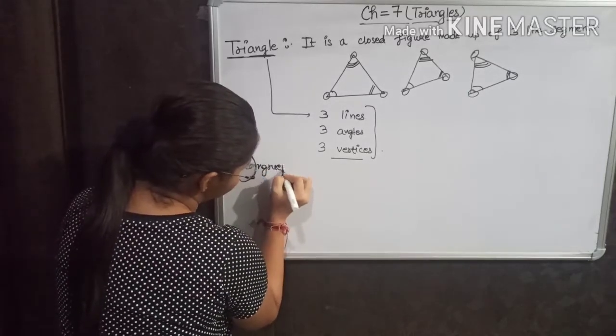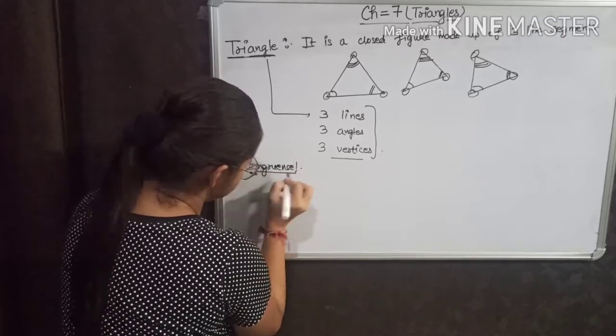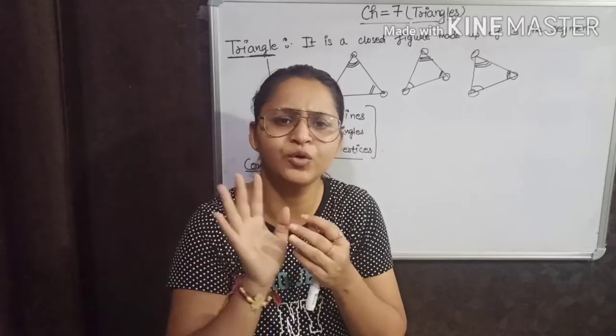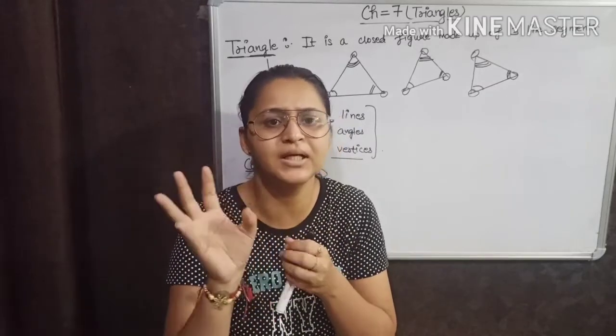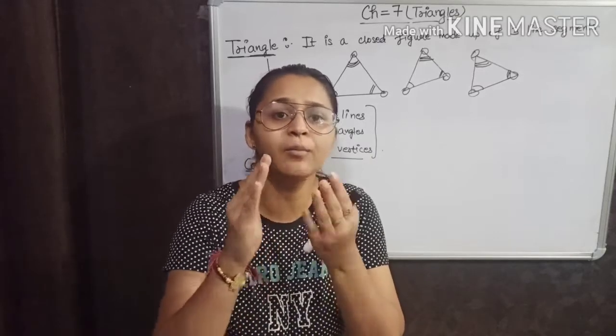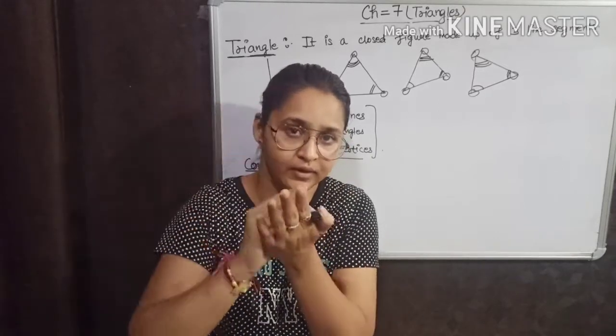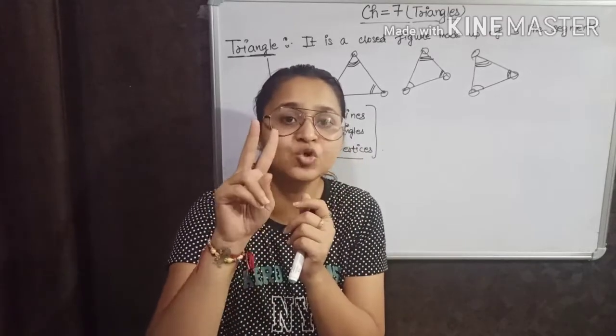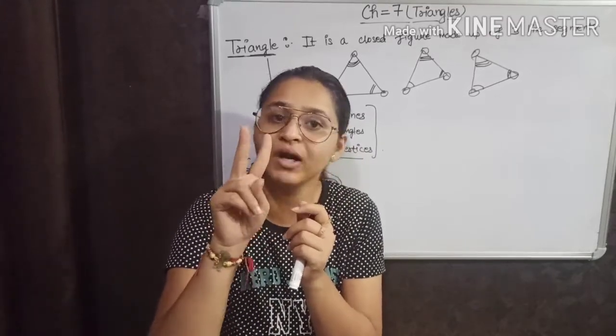Congruence means, if you are simply seeing in your daily life, when you have any two objects, and if you are putting one object over another, then these two objects must overlap each other.